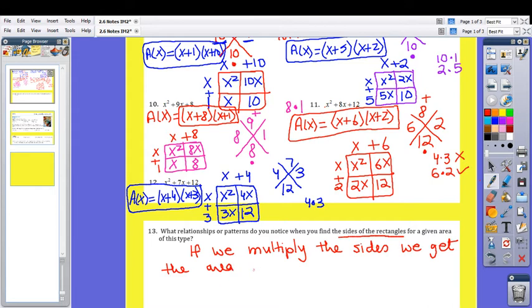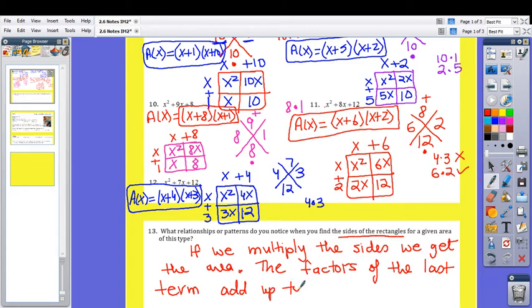And also, what we figured out is the factors of the last term or the constant term add up to the middle term.